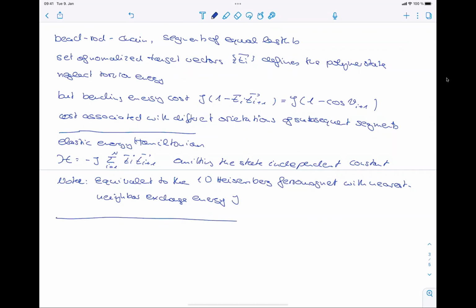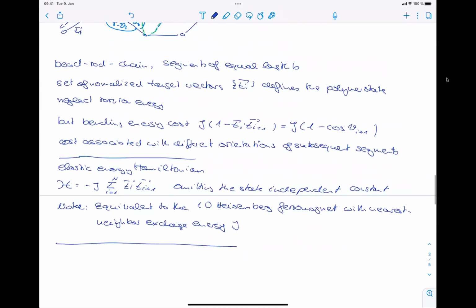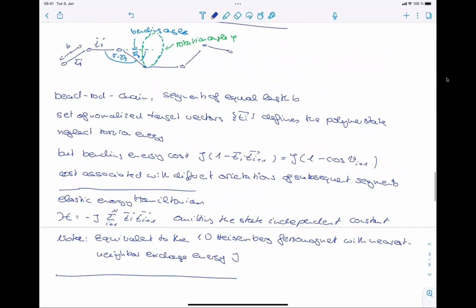But while we see this, let's stick with the Kratky-Porod formulation first, where we merely state that we can describe the state of the polymer by the subsequent angles between individual segments, and we can learn about the statistics of the system.